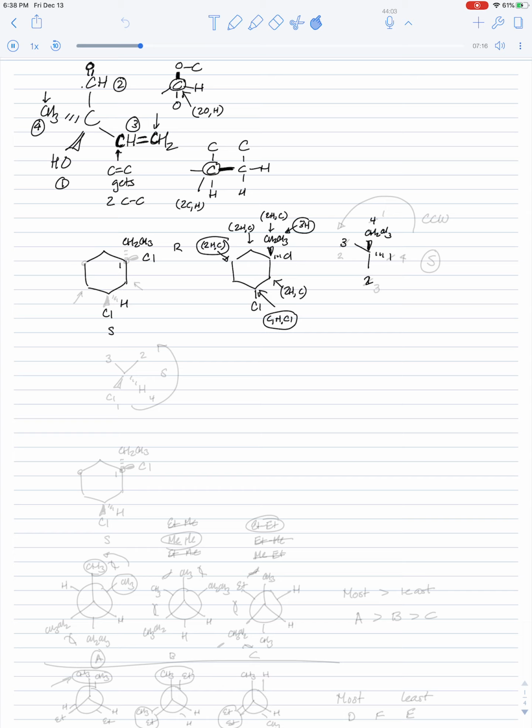That one's number 4. So then I just have to switch my groups so that I can determine R and S. So I'll switch 1 and 4 and 2 and 3. I now made 2 switches. Whatever I determine now is okay. Going from 1 to 2 to 3 is what?